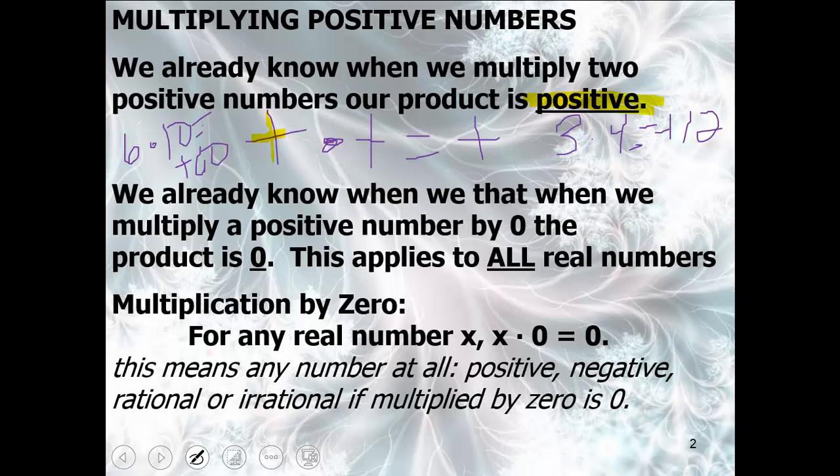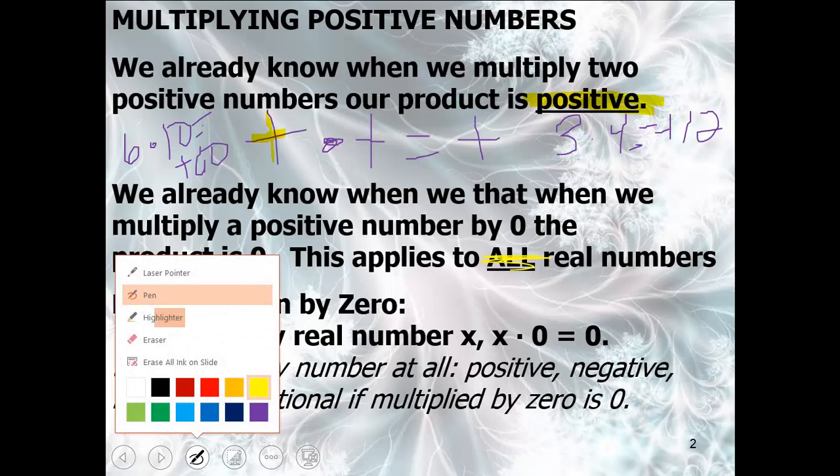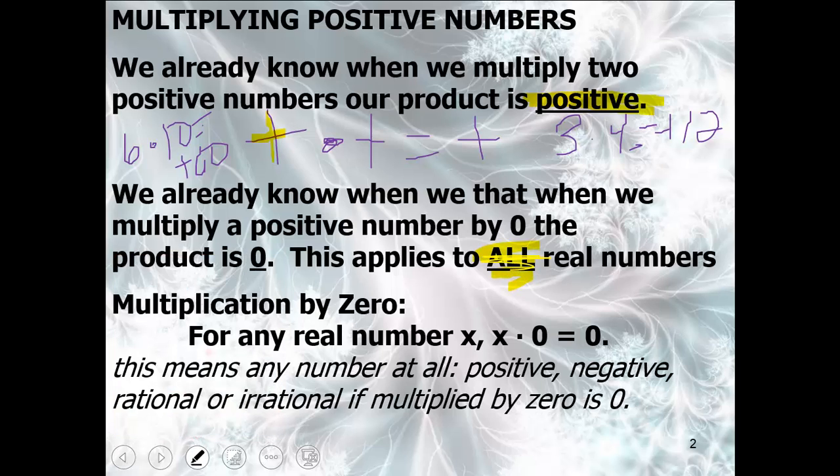Another thing that we've done for a long time is multiplying by 0. Regardless of what number you multiply by 0, if it's a real number, multiplication by 0 is always 0. If you multiply a positive number by 0, you get 0.